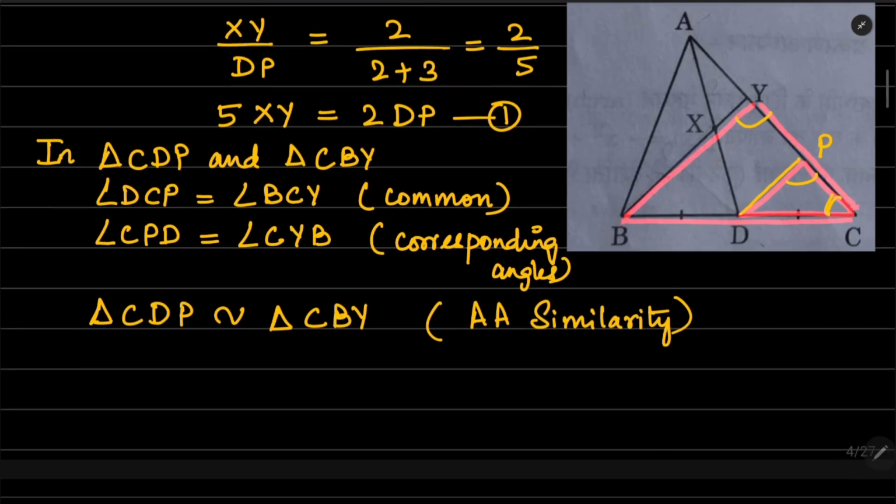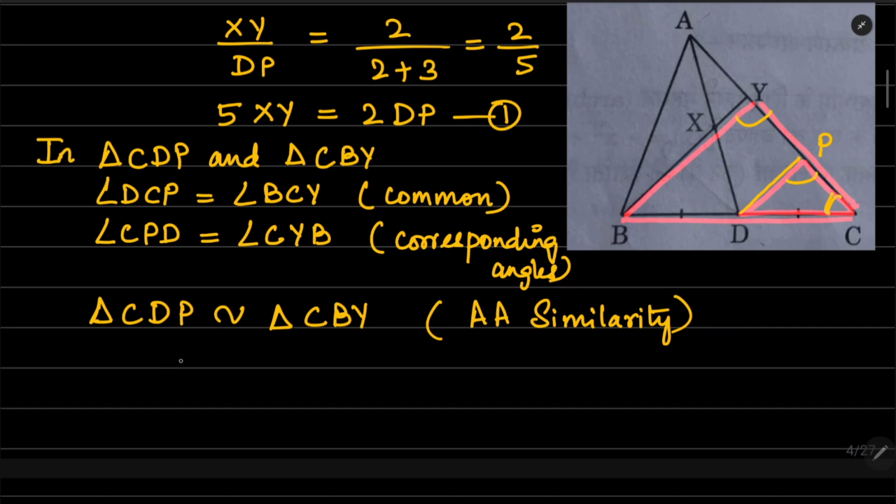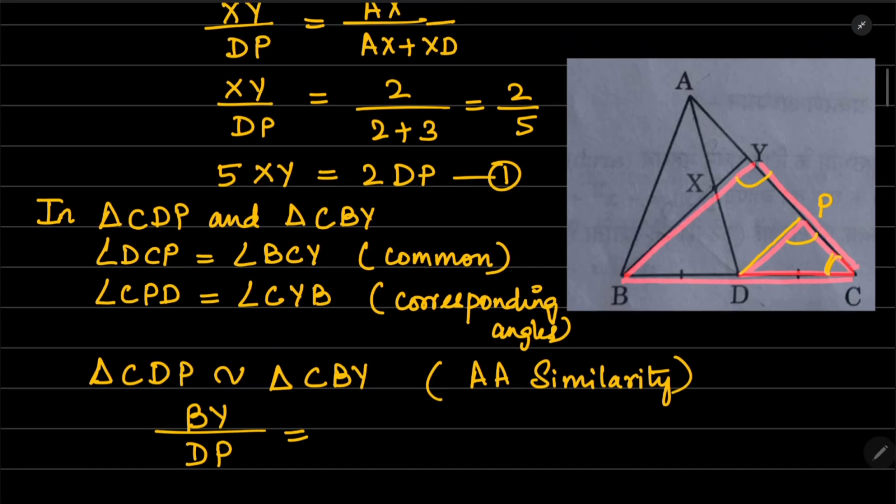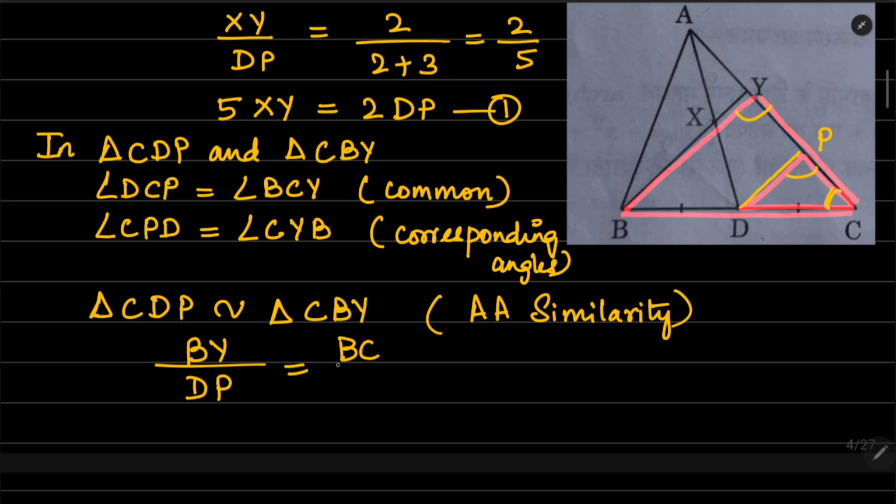So let us write this. BY by DP is equal to BC upon DC. Now BC is equal to, can I write BC as twice BD or twice CD?